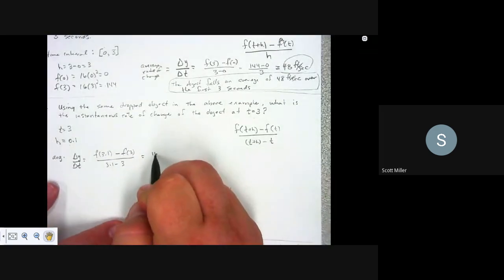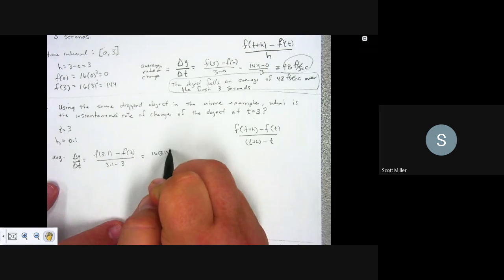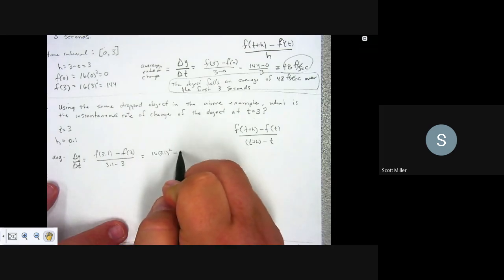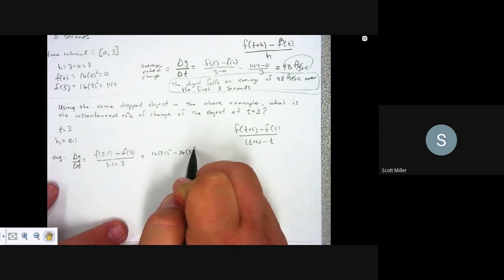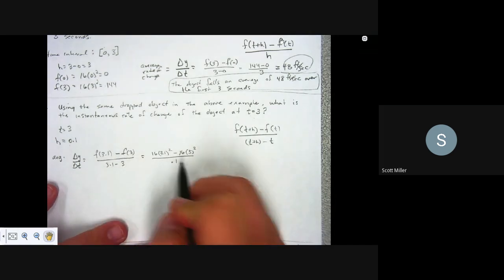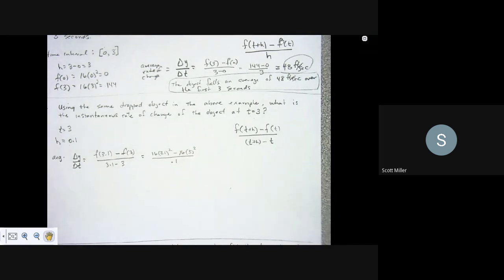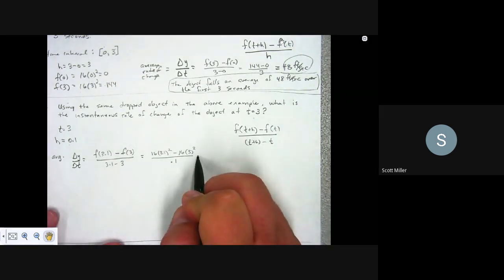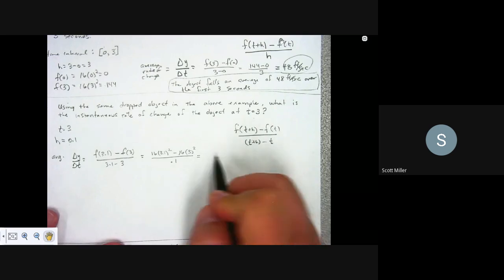This is going to be 16 times 3.1 squared, minus 16 times 3 squared, and down here, if I subtract these two values, I'm going to get 0.1. And then we can use our calculator and type this in. I'm going to save the time of typing this into our calculator because I've already done so. And you're going to get a number that's about 97.6.